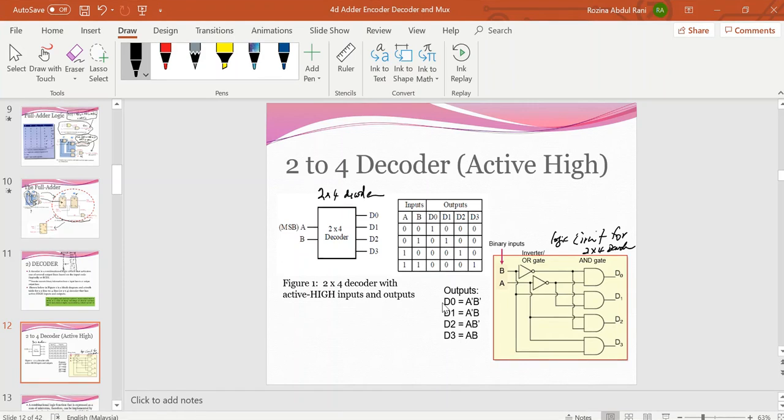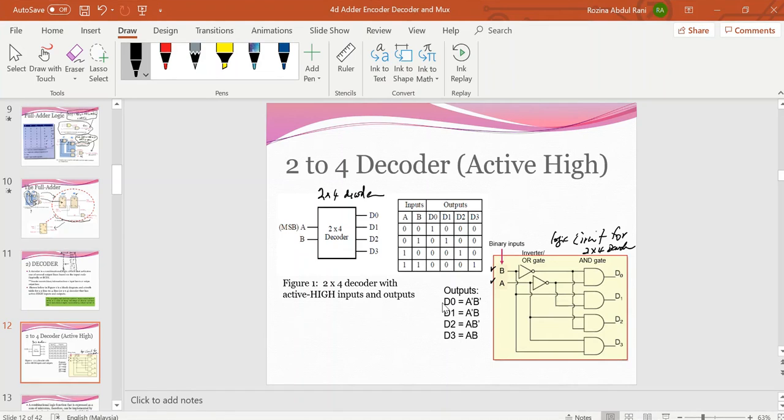We have 4 AND gates. Each output represents one of the minterms of the 2 input variables. We have 2 input variables, which are A and B.